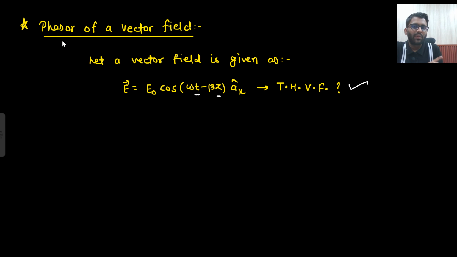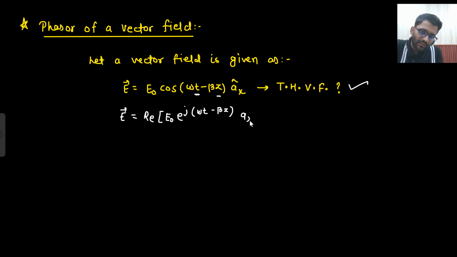So now we are going to write down the phasor of a vector field. What do we mean by the phasor of a vector field and how do we write it down? Let's see that. This is a time harmonic vector field, E naught cos(omega t minus beta z): function of time, function of space, also periodic in time. Can I write it in this manner, as the real part of E naught e to the power j(omega t minus beta z) ax cap?